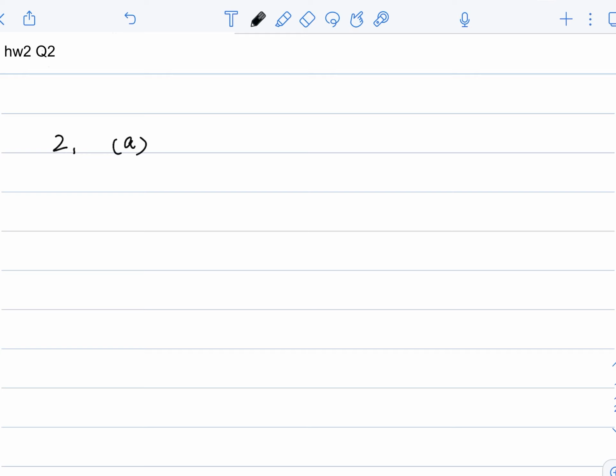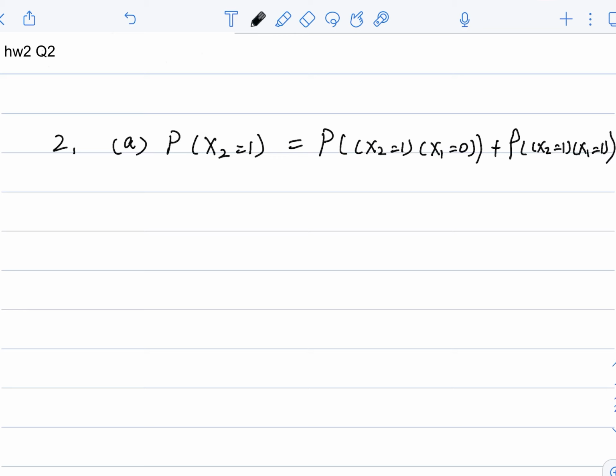Firstly, for subquestion A, we need to find the probability that x2 equals 1, which is equal to plus, and by the definition of conditional probability, it can be rewritten as plus.